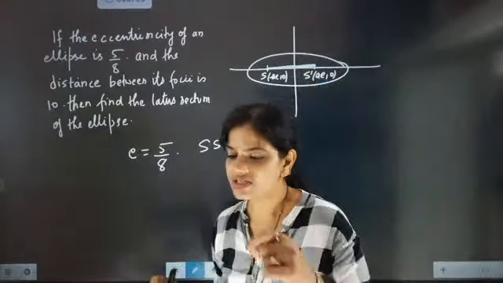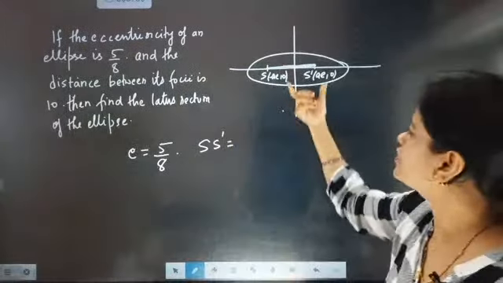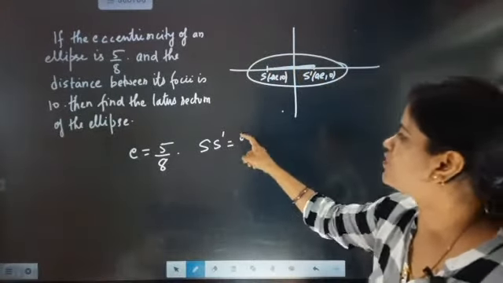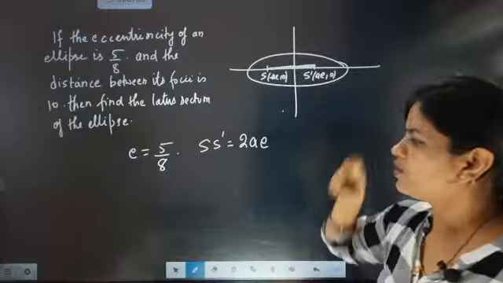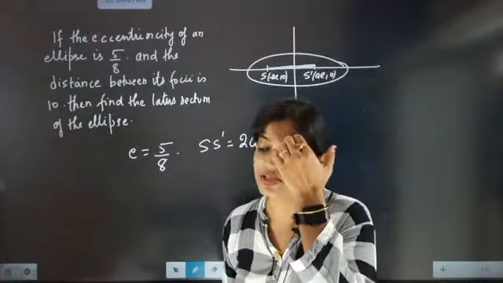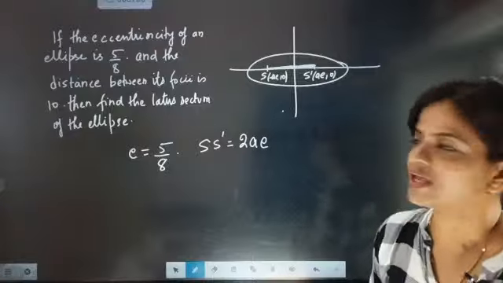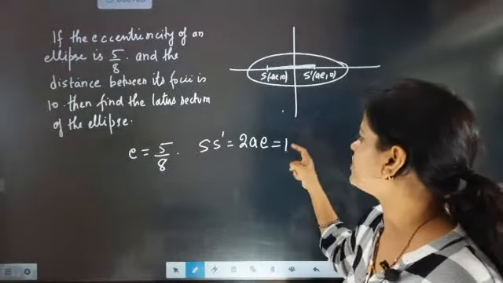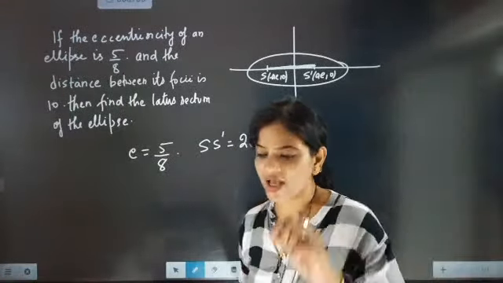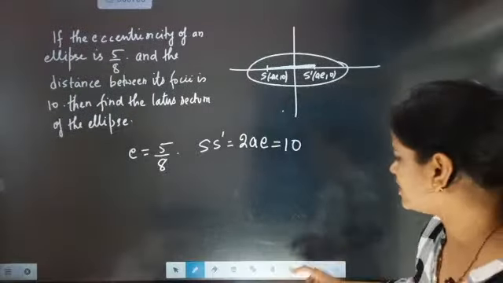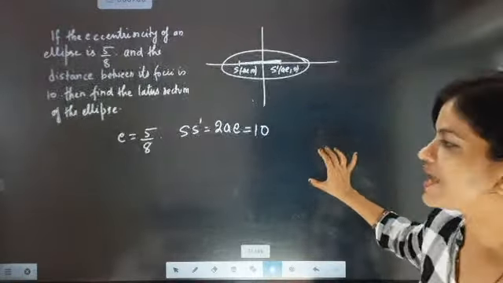Distance cannot be negative, so it will become 2AE. So the distance between the foci is 2AE, and they have given this distance as 10. They have given two parts back to back. First, the eccentricity is 5 by 8.